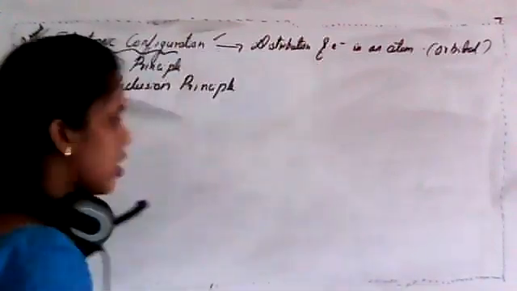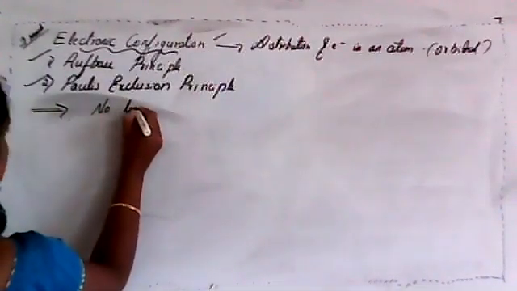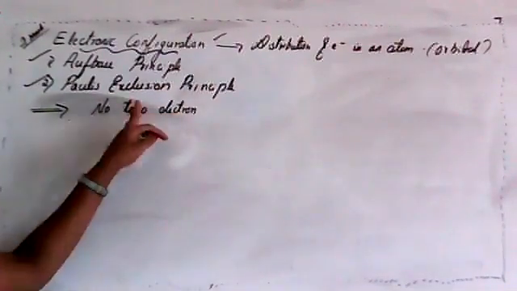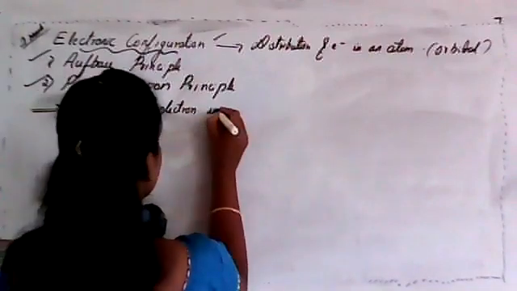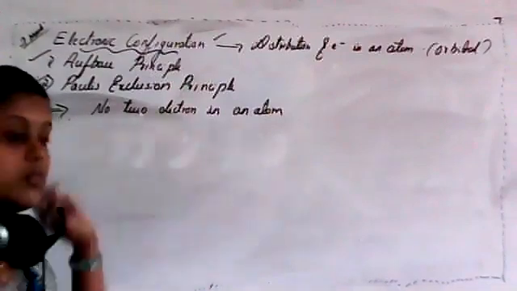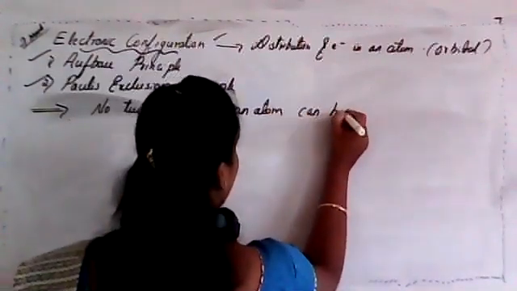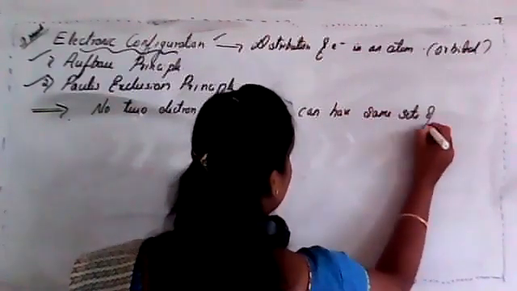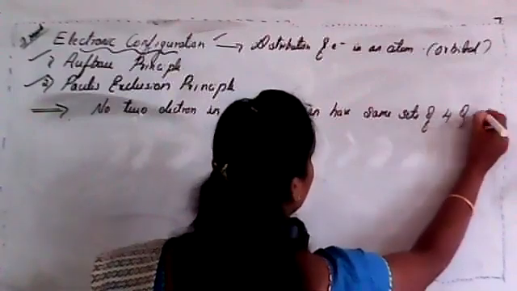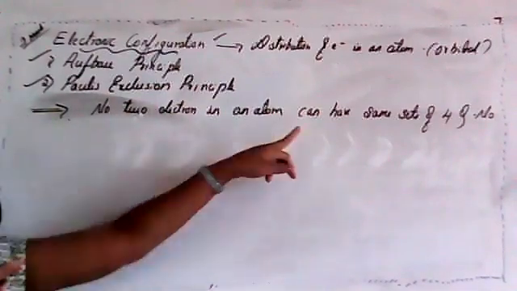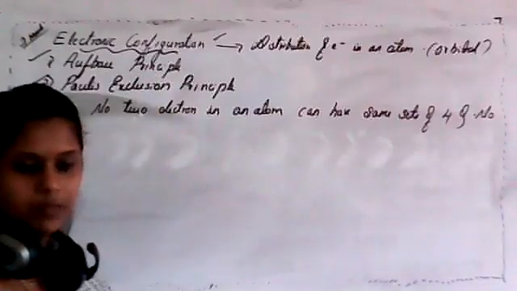Yes, I'll write first. No two electrons in an atom can have the same sets of 4 quantum numbers.